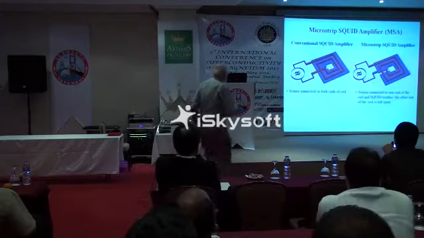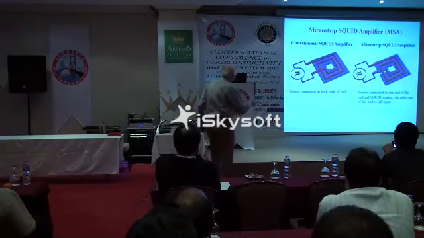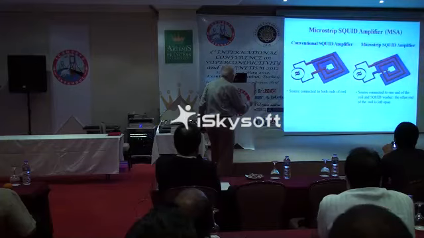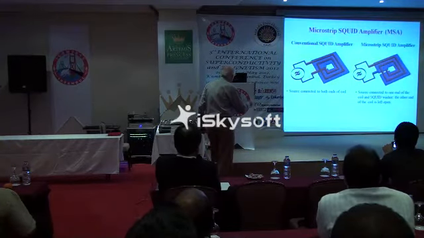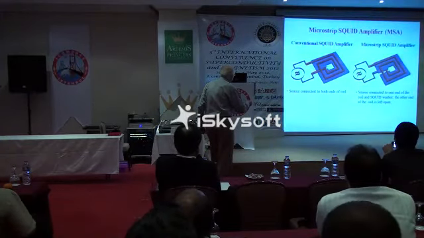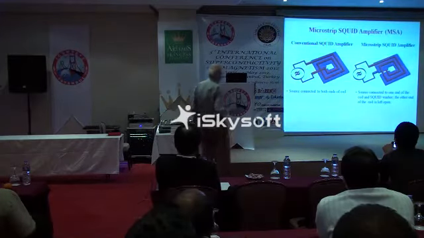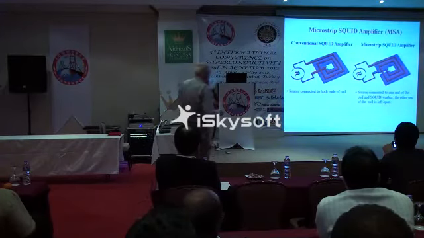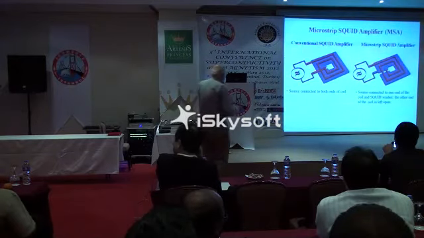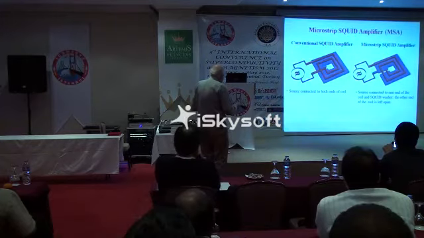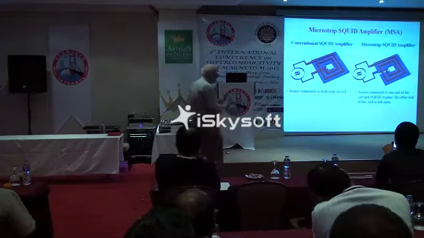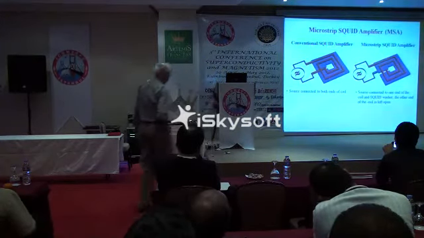And without dwelling too long on this, here is the conventional SQUID that I've shown before, and you normally apply the signal between the 2 input leads of the coil, and the current around the coil couples flux into the hole. The problem with this is that as you start to go up to 50 or 100 megahertz, the capacitance between the coil and the washer starts to roll off the signal.